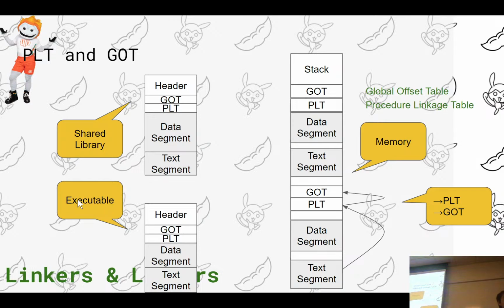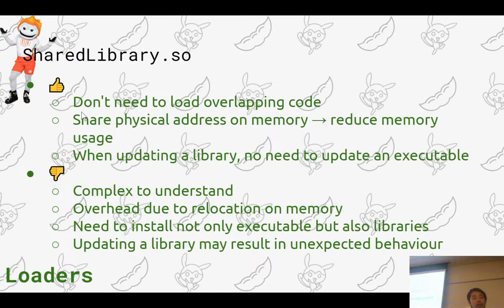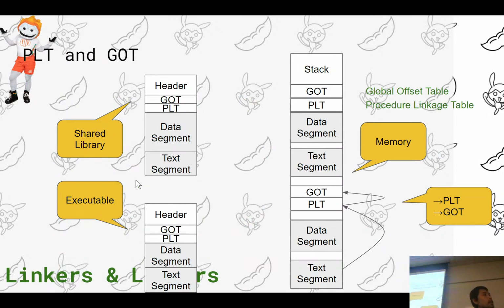PLT and GOT are another idea to tackle some of the shared library's bad points. In a shared library, we have some overhead due to relocation or some memory issues at runtime.